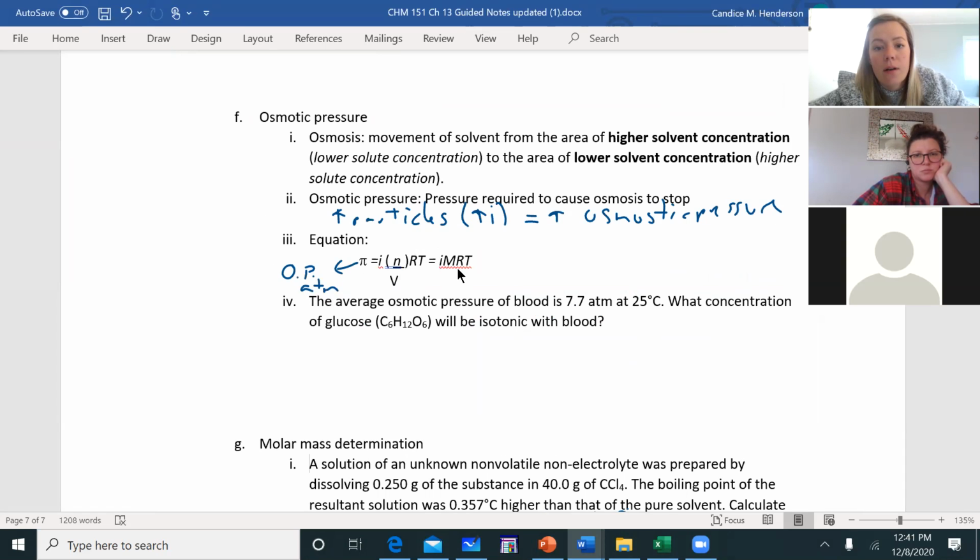I is our van't Hoff factor, M is our molarity, R is our gas constant, and then T is temp.